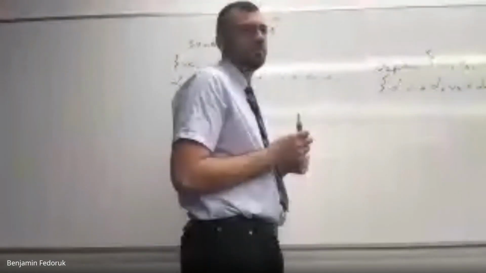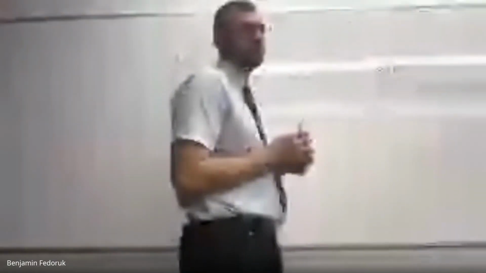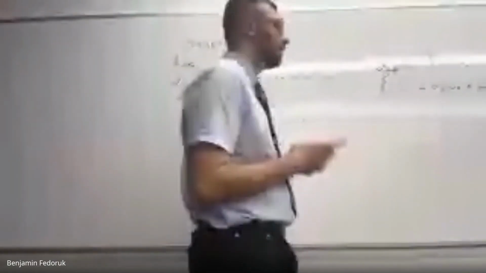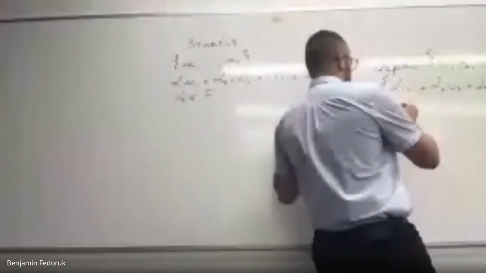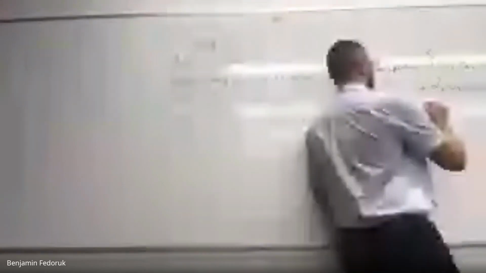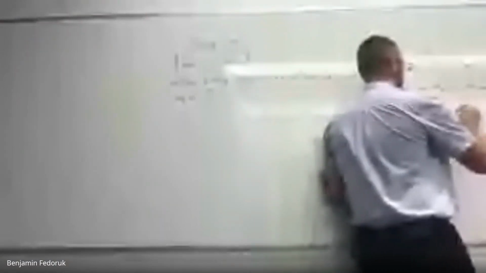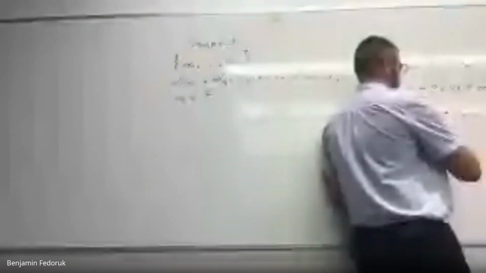So in other words, say that I had v3. If it was linearly dependent, not independent, I could write it as alpha 1 v1 plus alpha 2 v2 for some alphas.